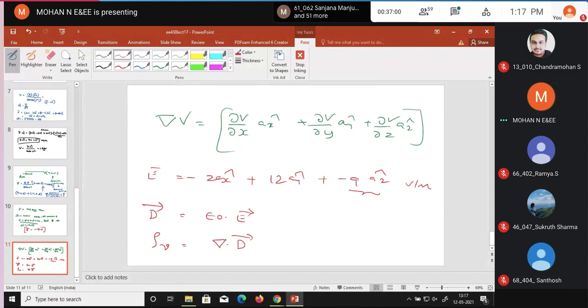So this is coulombs per meter square, and this is coulombs per meter cube. You can go on finding different quantities for a given system where you know the potential. Next problem.